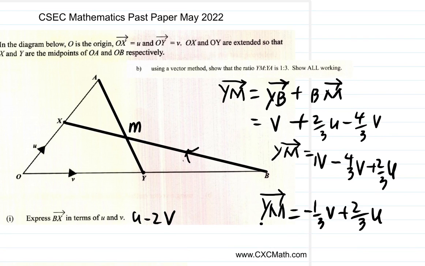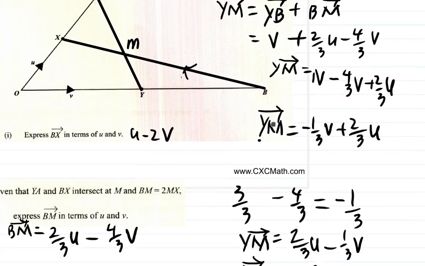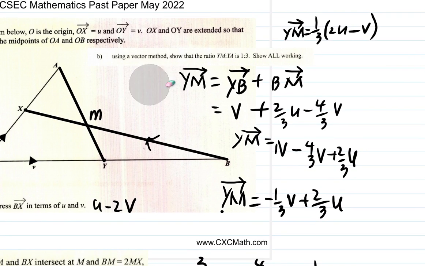Let me write it up here. YM equals 1/3 of 2u minus v. Alright, you have it up there. I'm writing it up there because I want to see the diagram, and also I'm running out of space.